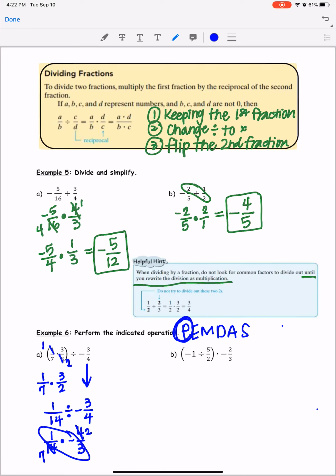Can we cross-reduce this way? No, those are both prime numbers. So I don't really have room to rewrite this, but still multiply straight across. Positive times a negative is negative. We've got 1 times 2, and we have 7 times 3. And again, prime number, can't reduce that.